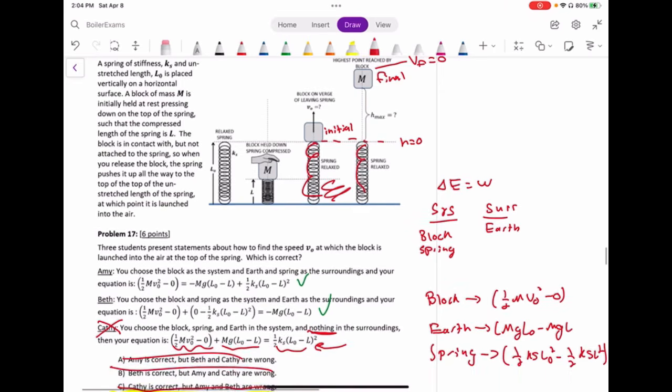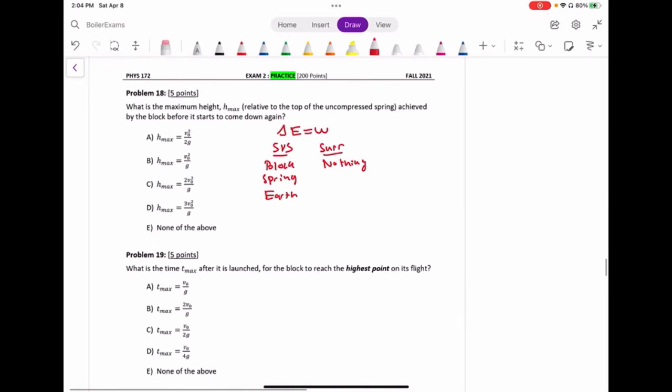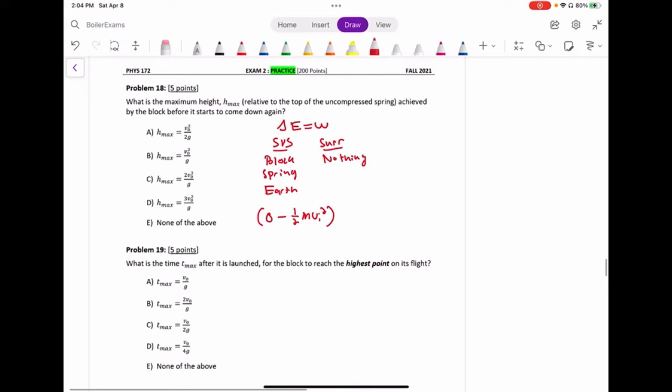So let's take a look at what this is going to look like now. I'm going to do kinetic first. Final kinetic energy is 0 because it's not moving. Initial is half m v naught squared. And then finally the gravitational term is m g h max, and initial, like I said, m g 0, so that's just going to be 0.